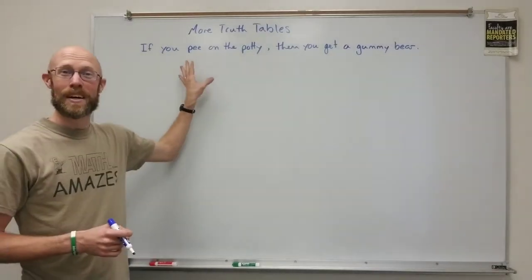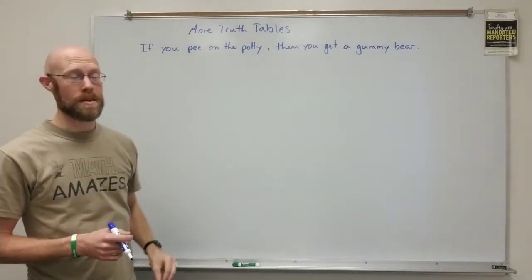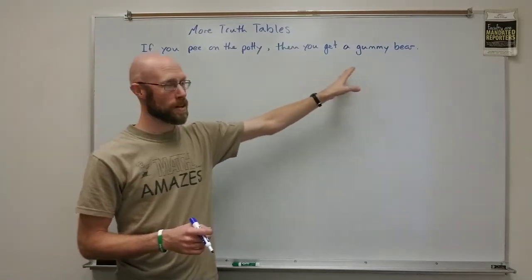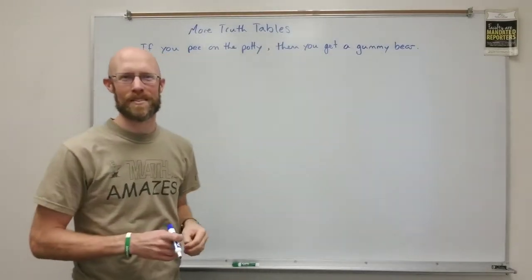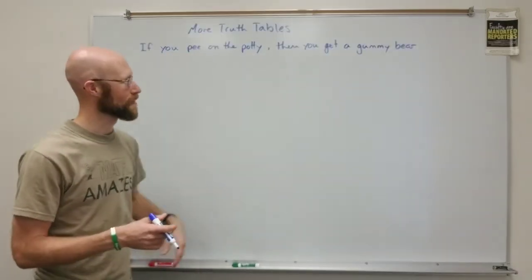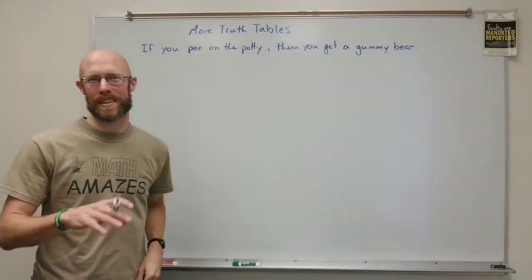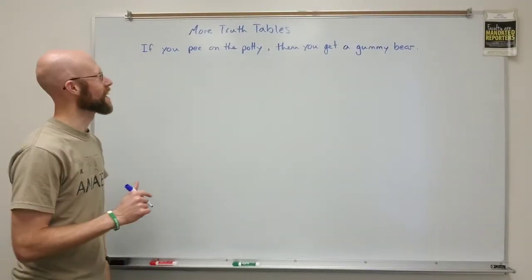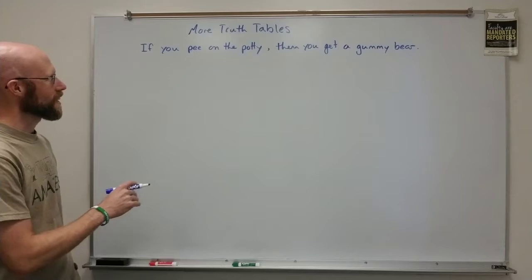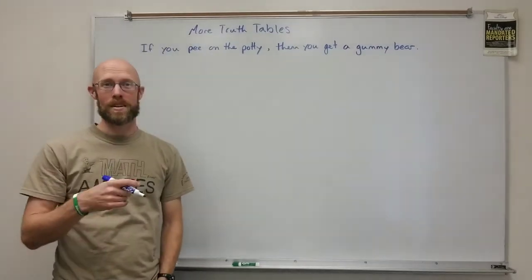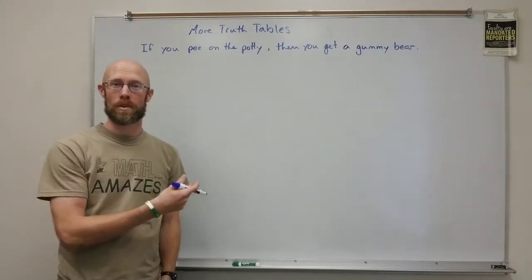But it is a conditional statement: if you pee on the potty, then you get a gummy bear. There are variations in how much we give her based upon different things, but I won't get into the details.